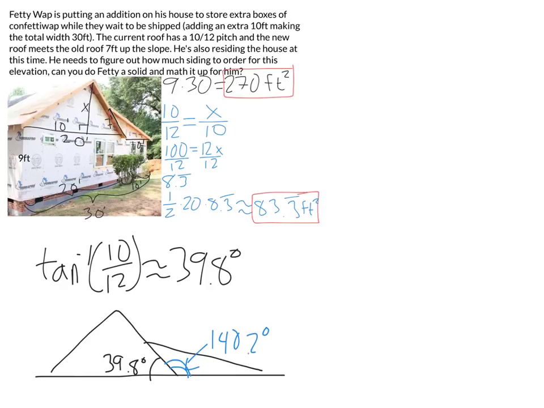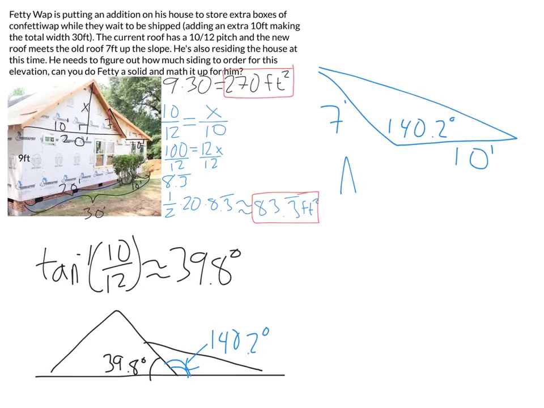So I can use that to figure out my area of that triangle, because now what I have, and I shall blow this up a little bit, I have 7 feet, 10 feet, and 140.2 degrees. I can use my new area formula, 1/2 times 7 times 10 times the sine of 140.2.